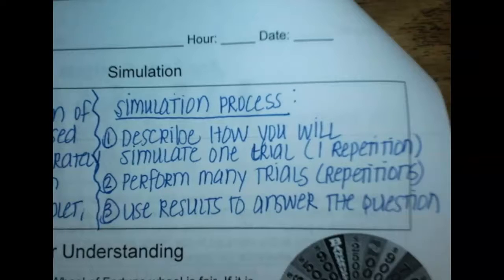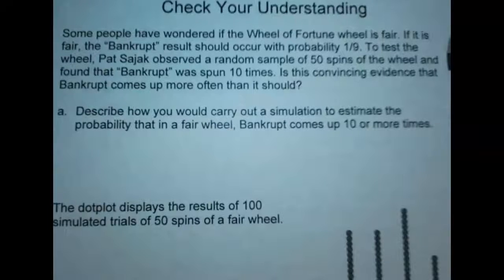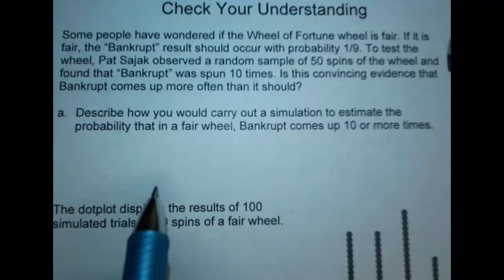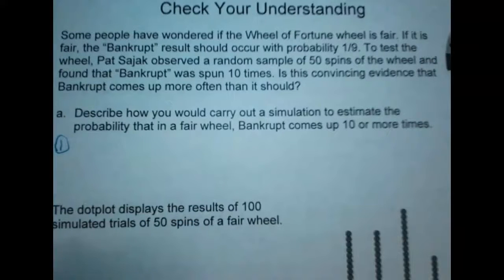So what I'd like you to do is try the check your understanding. Go ahead and try part A and part B, and then come back and we'll see how you did, and then we'll do part C together. So in part A here, if we were following the 3 steps for the simulation process, the first thing you need to be able to do is describe how you will simulate.